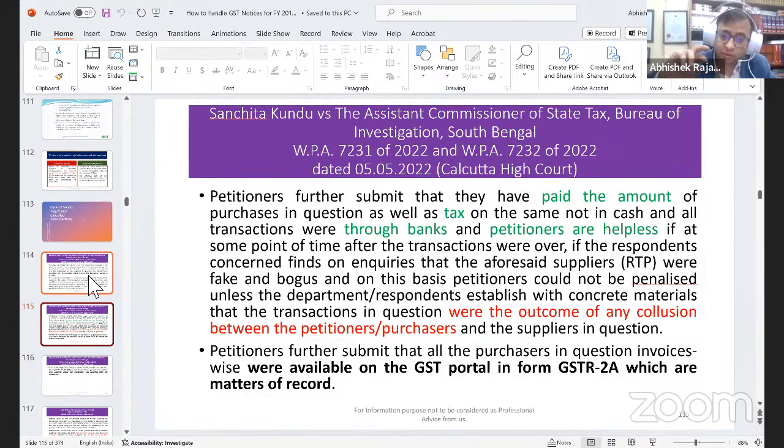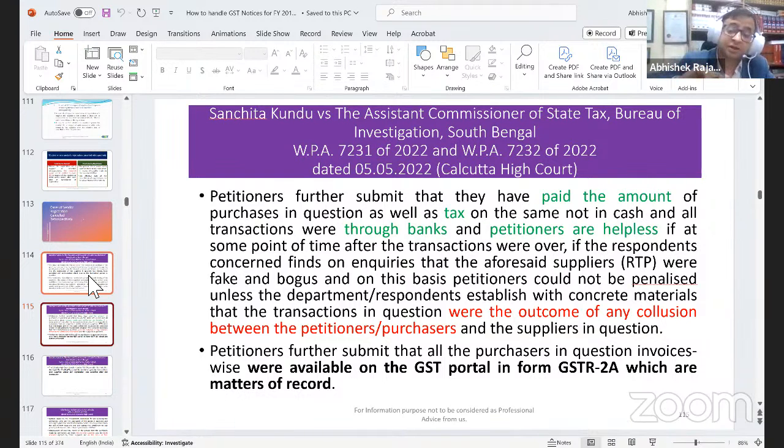So there was no allegation of connivance and collusion between the recipient and the supplier. She also said that all transactions were made through banking channel. Of course, everyone has done these transactions in banking channel. She said that when I claimed the ITC, that ITC was visible in GSTR 2A, and the condition in section 16 says that ITC should be visible in GSTR 2A, and the department has not contradicted this.